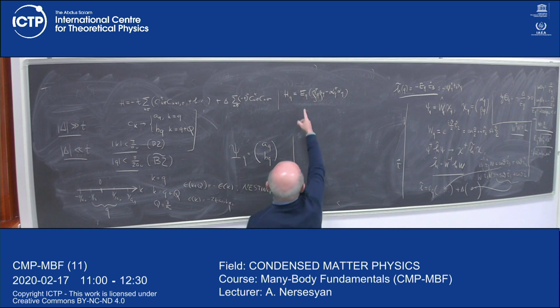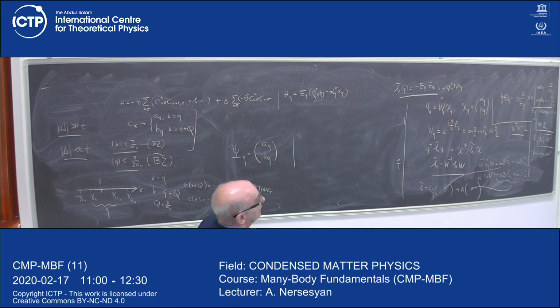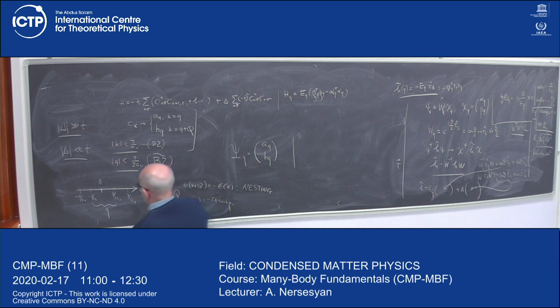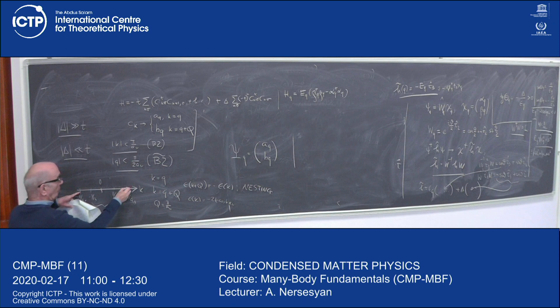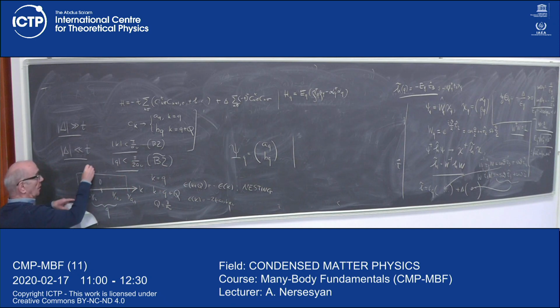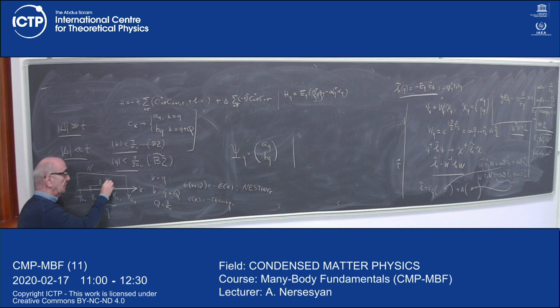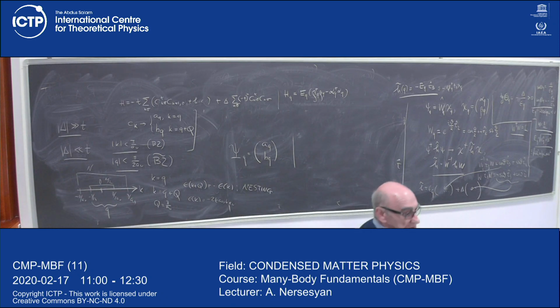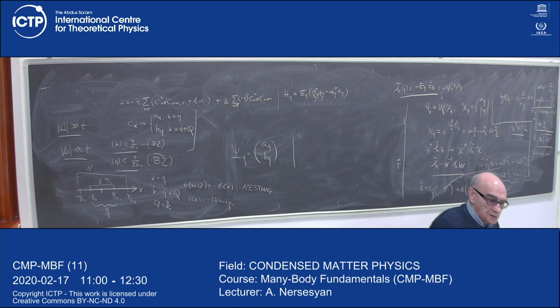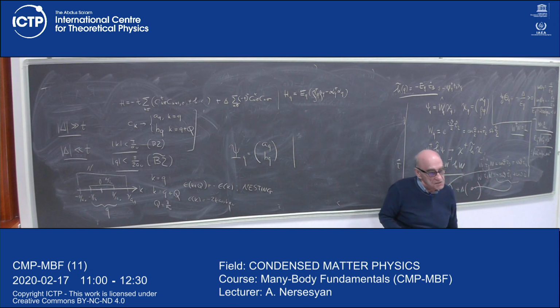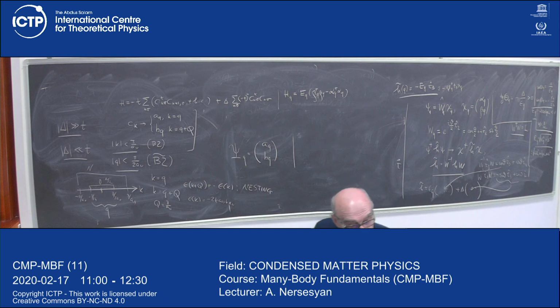Since this is a positive definite quantity, and since the number of states in the whole Brillouin zone was n, the number of states in the reduced Brillouin zone is n divided by 2. Then you have n divided by 2 q states in the reduced Brillouin zone. But if you take into account the spin degrees of freedom, we have to multiply it by 2.